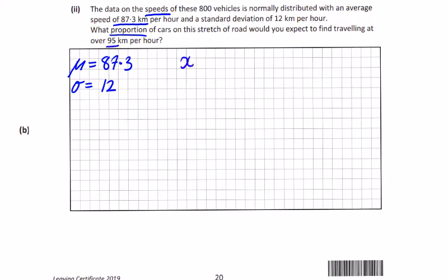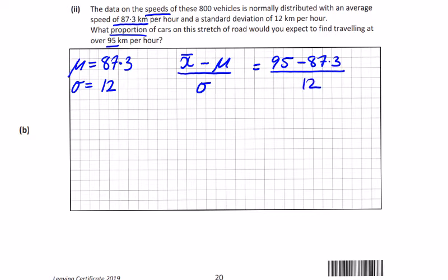We're testing x or x bar, whatever you want to call your test statistic, minus mu over standard deviation for this one test z-score. We're testing 95 against an average of 87.3 divided by standard deviation of 12.